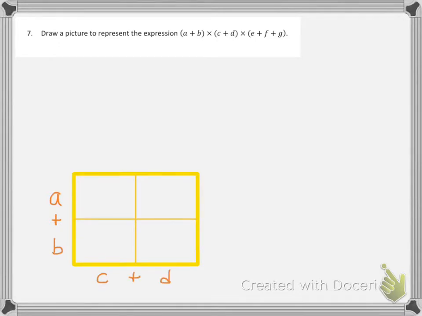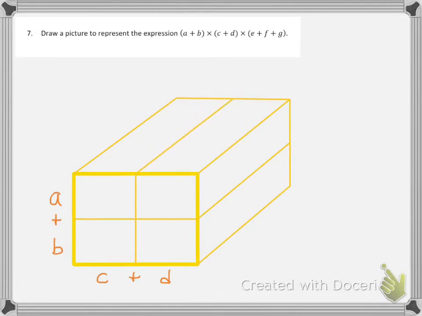And then I need to multiply by another sum. So in order to do that, I need a third dimension. So I'm just going to draw myself. Hopefully I can get this pretty close. Draw a third dimension here. And we'll be able to see what it looks like, but we're not going to want to try to show where these are.